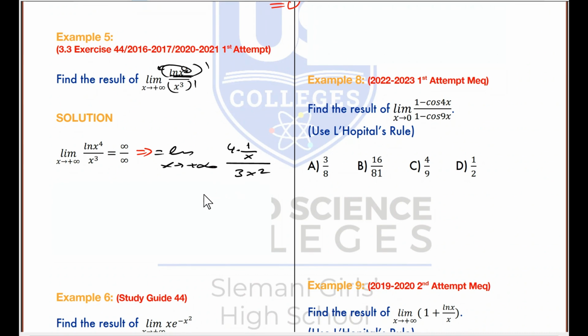Okay, now let's simplify this fraction. So it's 4 over x, over 3x squared over 1. When you have fraction over fraction, you keep the top fraction and multiply it by the reciprocal of the bottom fraction.